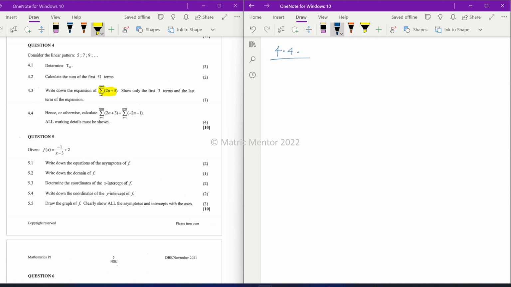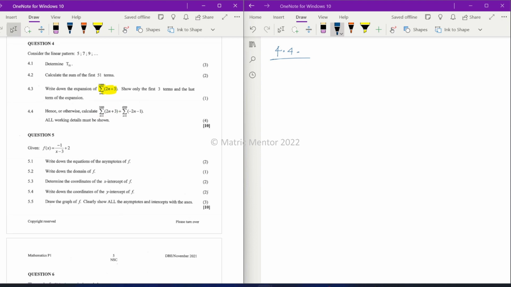Okay, so to find the first function, we'll take the first function here and find the answer to this function, then take this function and find the answer to this function, the sum function, and then we will add them together.